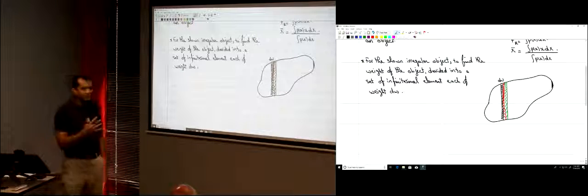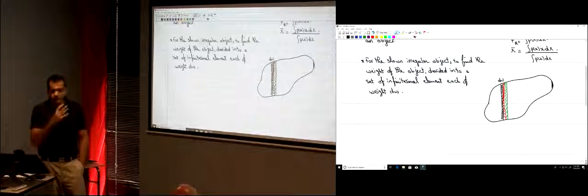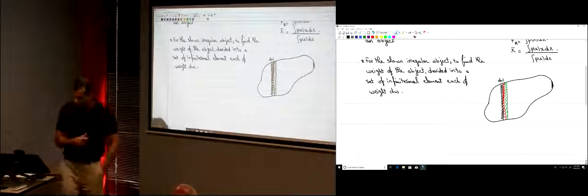So each segment has a weight dw. Each segment has a different weight from the other one, okay.